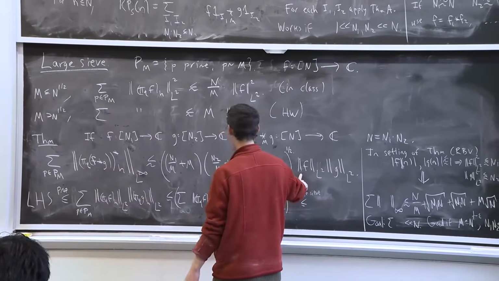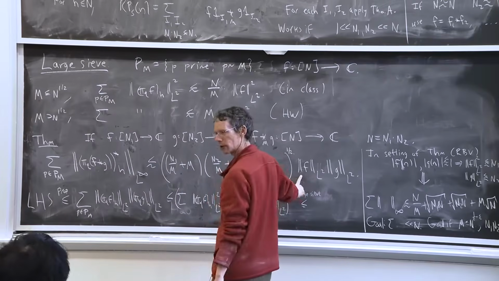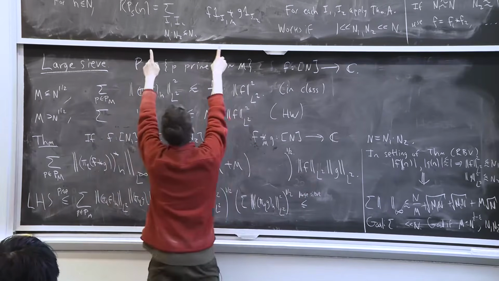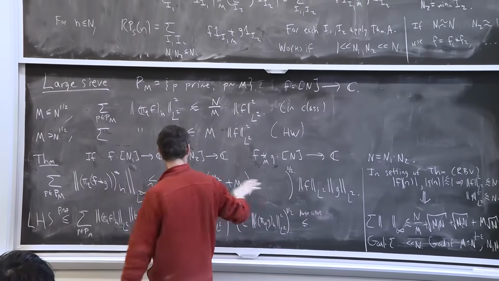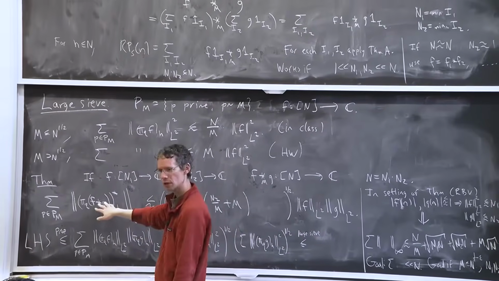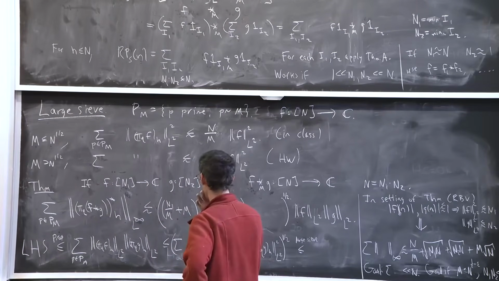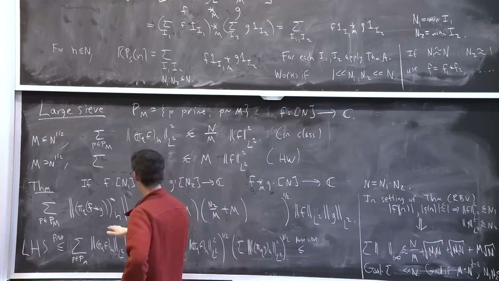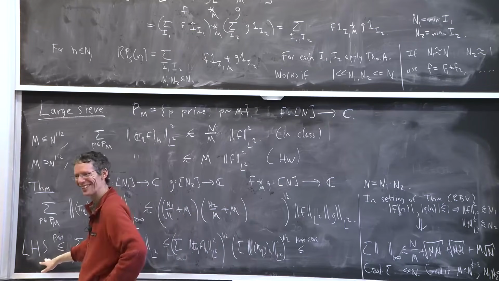OK. This theorem is not usually sharp. So f and g are two particular functions. And for those two functions, probably something much stronger is true. Let's think about where we lost something. All right. So we wrote down the left-hand side. So far, so good.